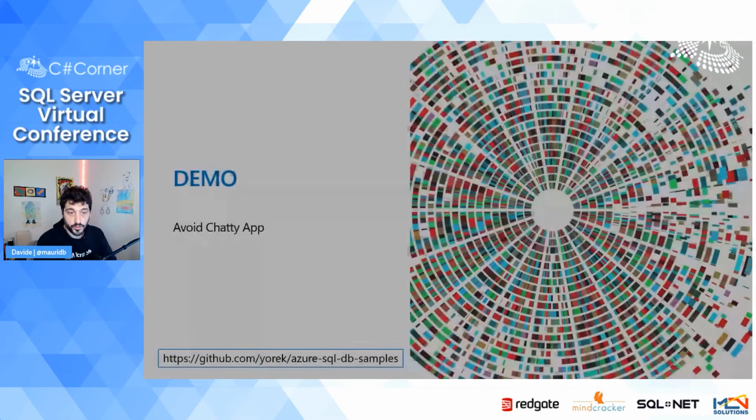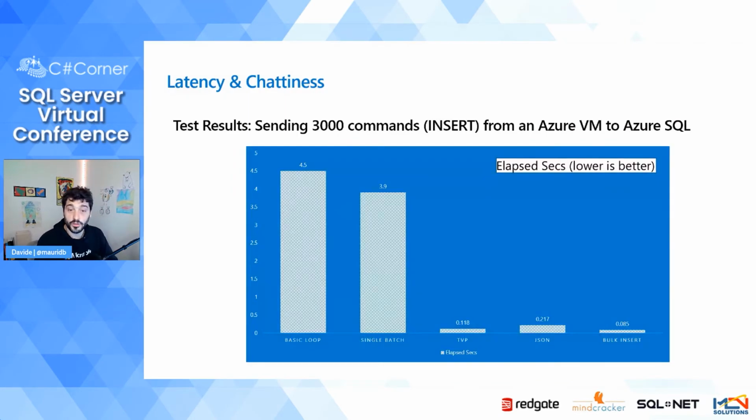another slide where I also ran some tests, of course, on Azure, moving data from an Azure VM in the same region to Azure SQL in the same region. And as you can see, of course, performance is way better than what I could do from on-premises to Azure. So I can move 3,000 rows in only 4.5 seconds, even using a very basic loop. So not too bad, but still it's 5 seconds.